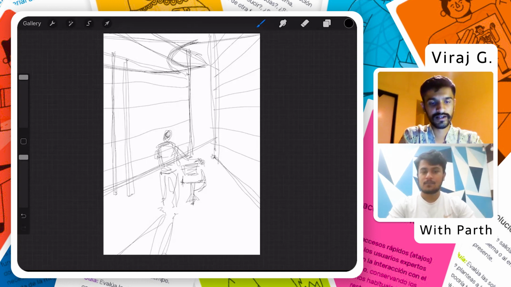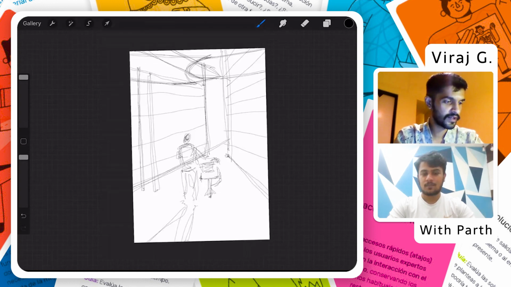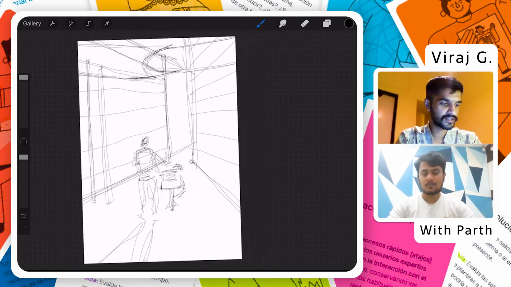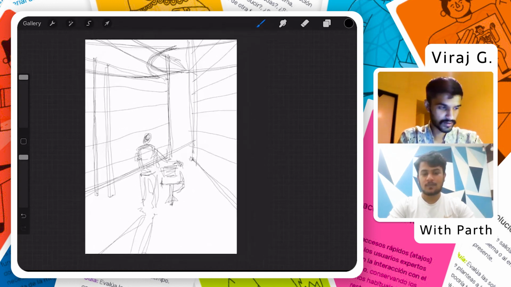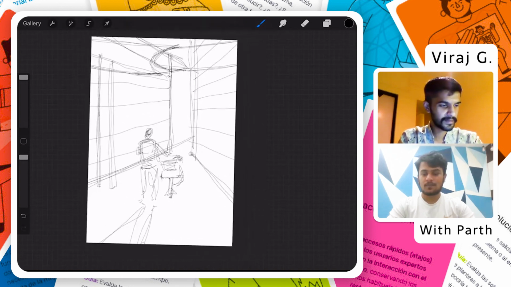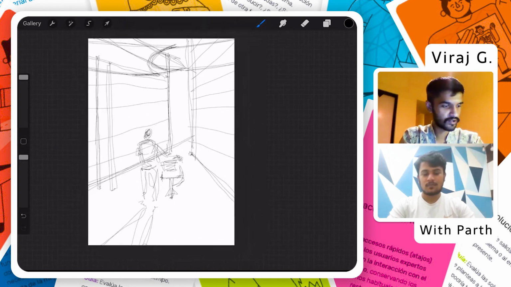So it has got that contrast which you are saying. So that is the kind of effect which is to be given in this picture, right? So this is a basic sketch. Then we'll obviously start adding a few more details in this.